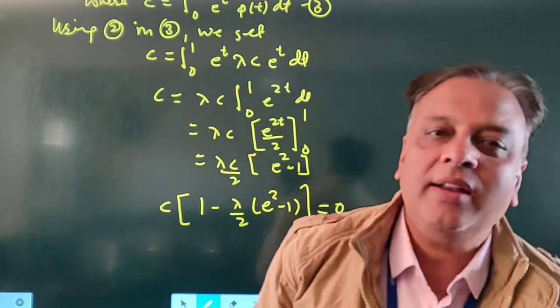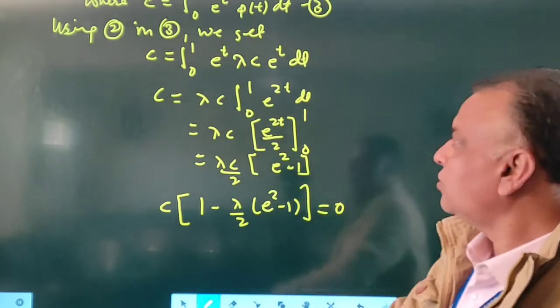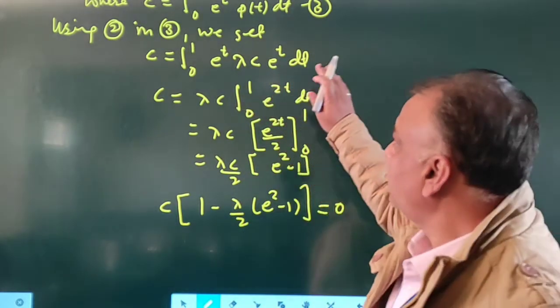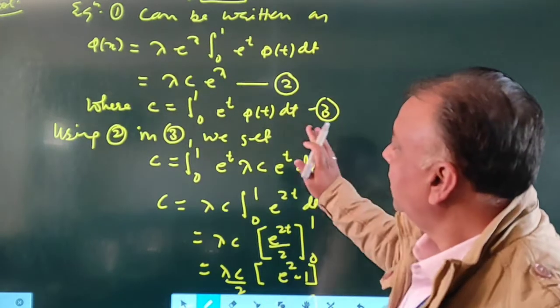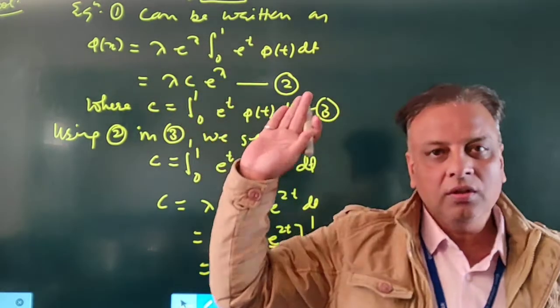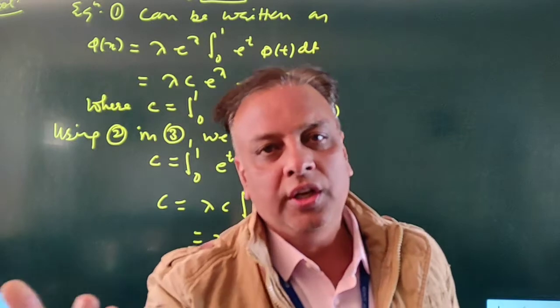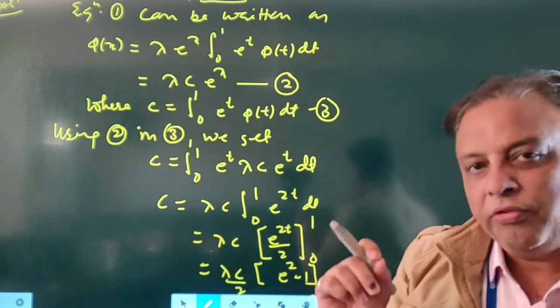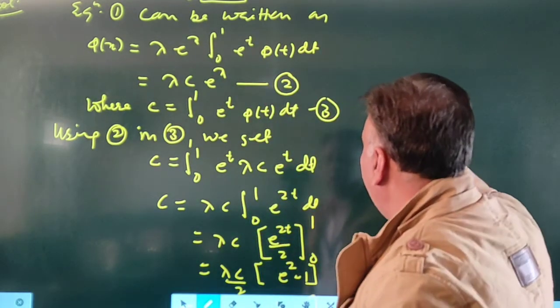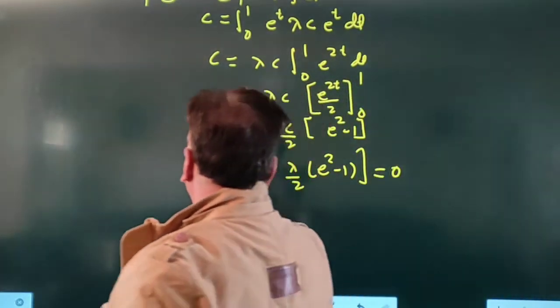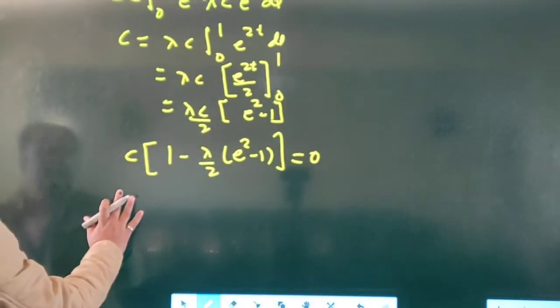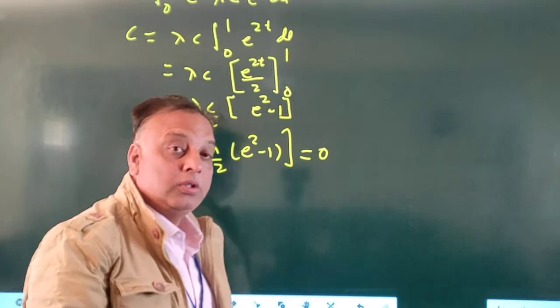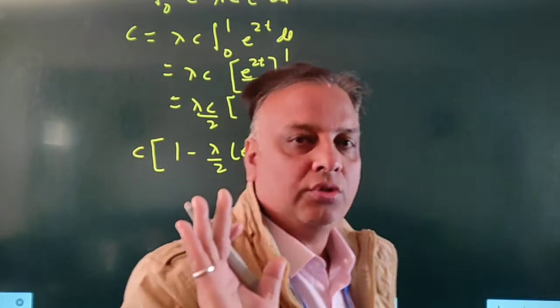Now as we see that if c is equals to 0, then phi x is equals to 0, and phi x is equals to 0 is the trivial solution. Now if we seek the non-trivial solution of the given homogeneous equation, that is possible only when c is not equal to 0.